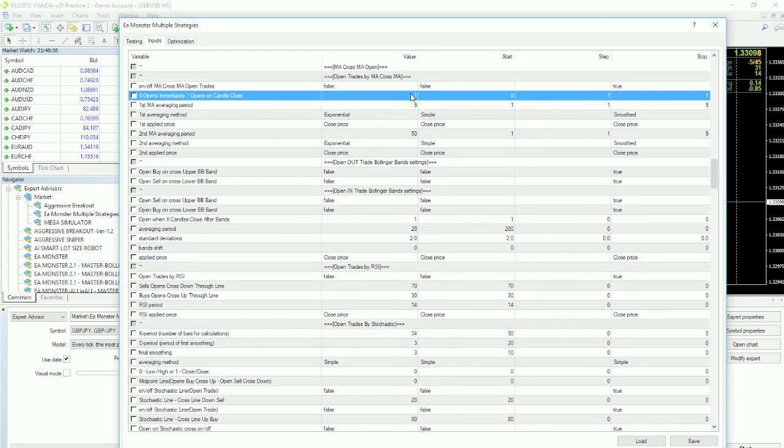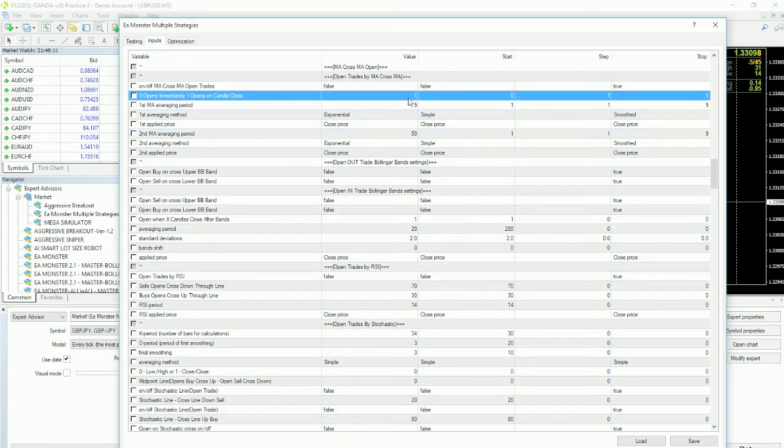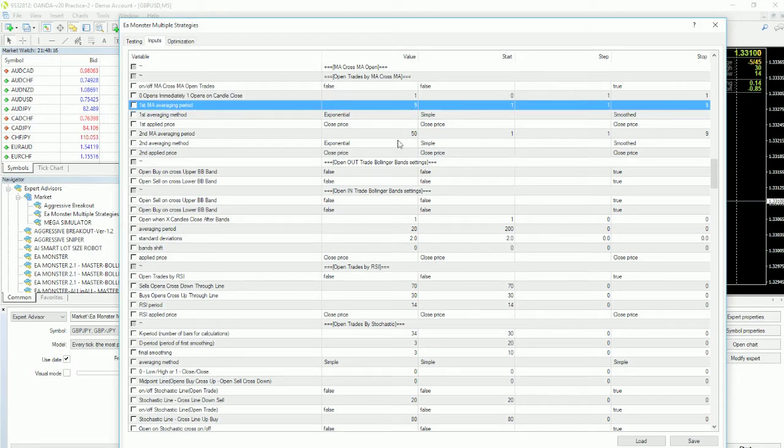If you use the default, which is open one candle, it will not open a trade until the candle has finished itself. And when the 9 EMA in this example crosses the 50 EMA and the candle has finished itself, then it will open the trade.